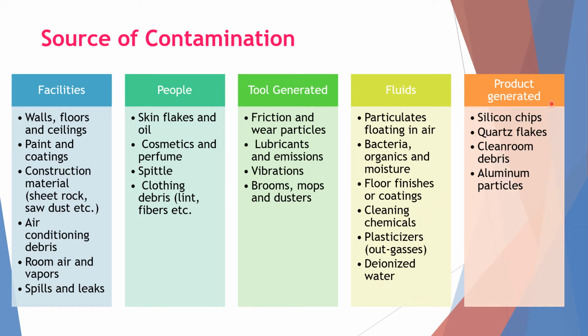And for the product generated, because there is machining, sometimes silicon chips might come out from the product. There are also flakes, clean room debris, and aluminum particles. These can also be sources of contamination.